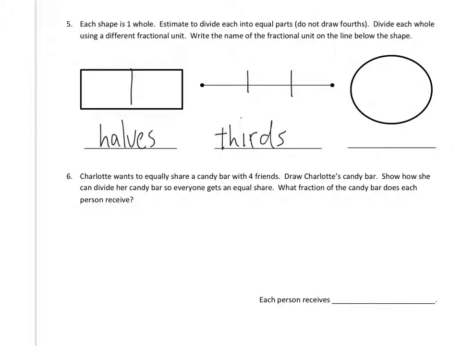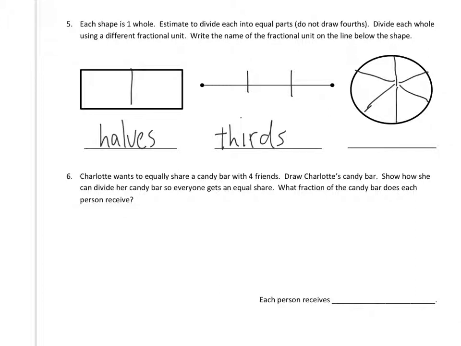And the last one, the circle, we are going to divide this. Let's start with thirds, like we did up above, but then we're going to cut each one of these pieces in half. So we would cut that in half, and that one in half, and that one in half. How many pieces do we have now?